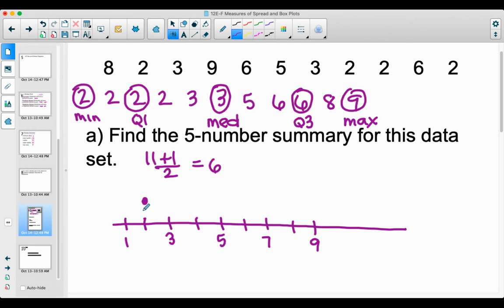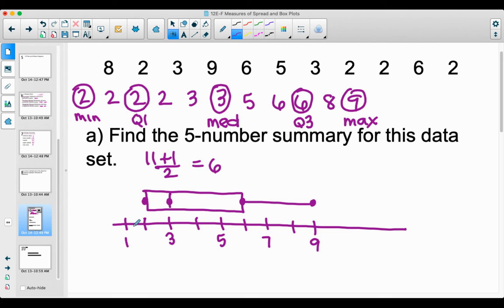Our min is 2, our Q1 is also 2, our median is 3, our Q3 is 6, and then our max is 9. So our box goes from our Q1 to our Q3, and then our whiskers go out to our max and our min. This one's unique because our minimum and our Q1 are the exact same, so we actually don't have a whisker over here, and that's okay.